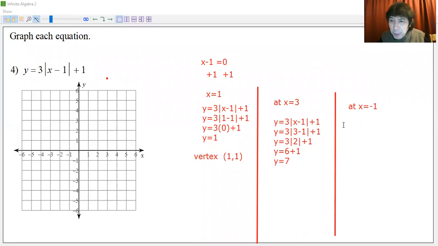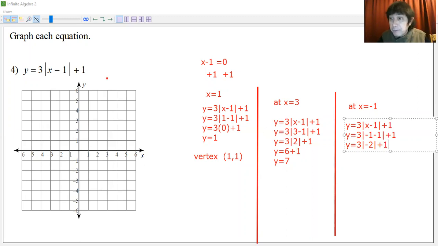We still have the same equation. Y is equal to 3 times the absolute value of x minus 1 plus 1. And so we continue. Y is equal to 3 times, and then that's a negative 1 minus 1 plus 1. This gives us 3 times absolute of negative 2 plus 1, and this results to another 3 times positive 2.